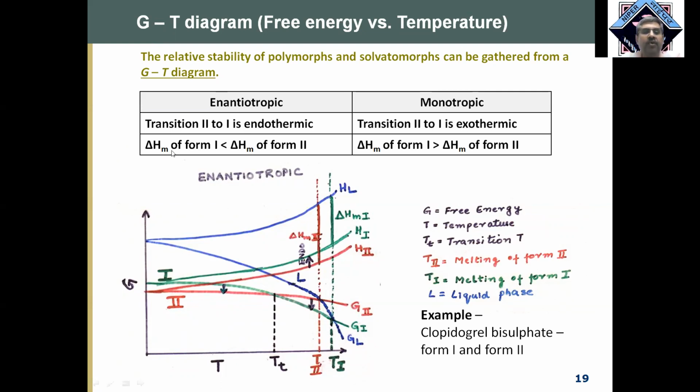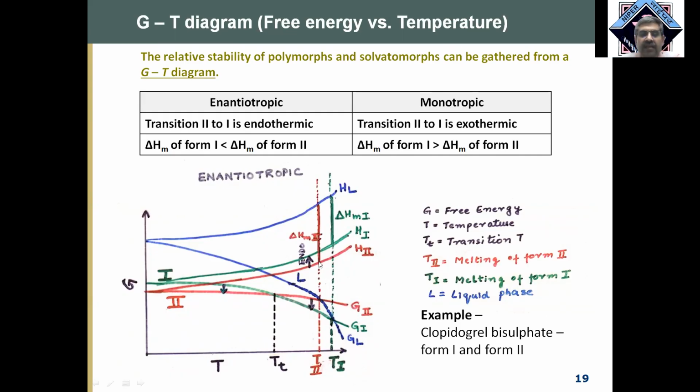The other rule of the transition is delta Hm of form 1 is less than delta Hm of form 2. Delta Hm is the conversion of the solid form into the liquid form. So this is the enthalpy of form 2, and this is the enthalpy of the liquid. So this is the change involved on melting of form 2, and this is the change involved in melting of form 1.